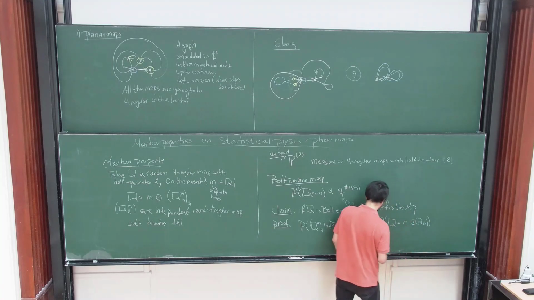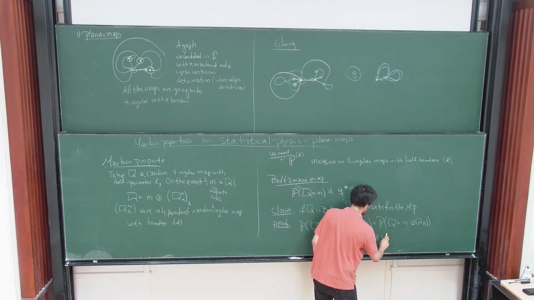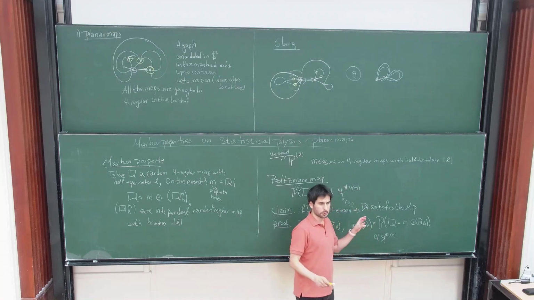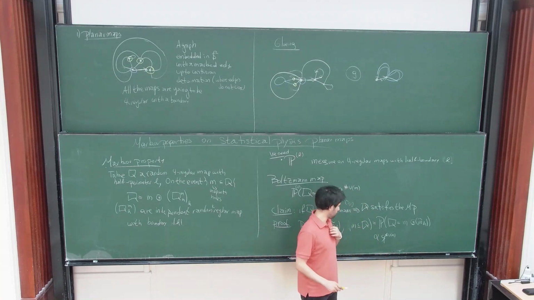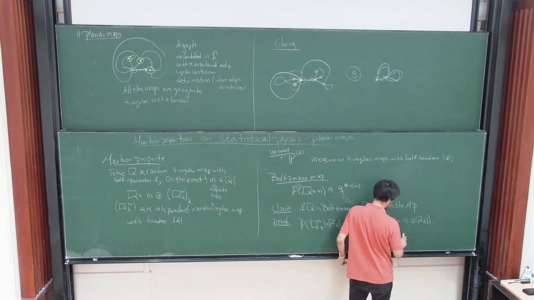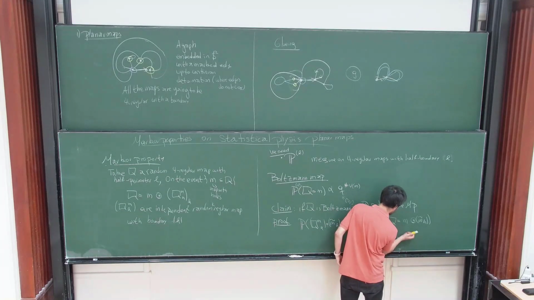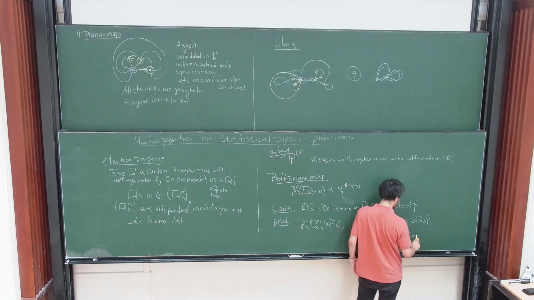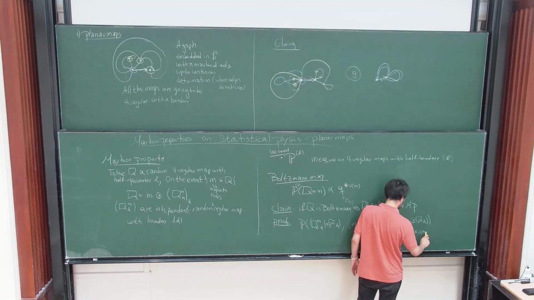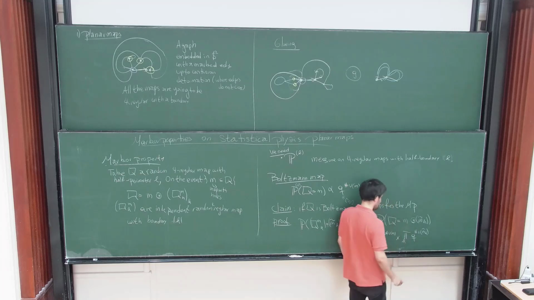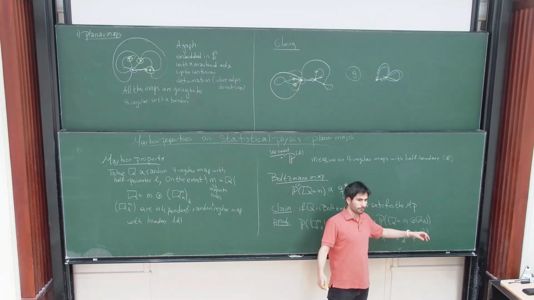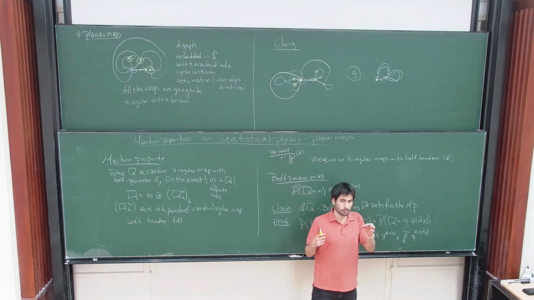And this is just proportional to q to the vertices of M, not counting the yellow vertices, times q times the product over H of q to the vertices of M^H. When counting vertices, I'm only counting the interior vertices, not the boundary ones.